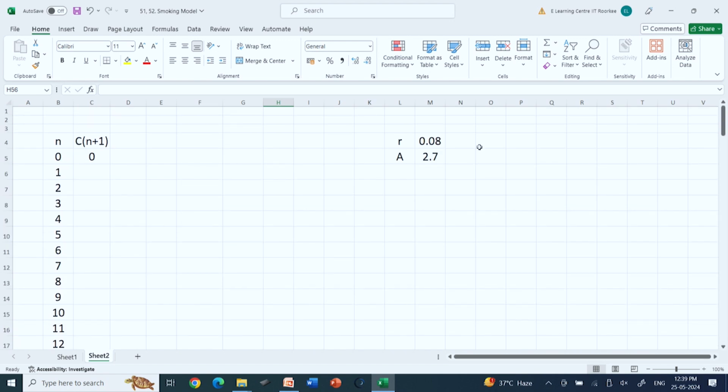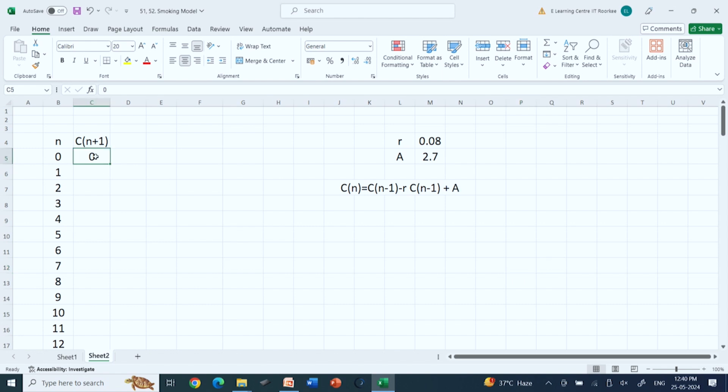Now the formula, or the model, is Cn equal to Cn minus 1 minus R times Cn minus 1 plus A. So Cn is the amount of cadmium at year n, Cn minus 1 is the amount of cadmium in year n minus 1, and there is a reduction of 8%, so R is 0.08 of the amount in year n minus 1, plus a constant input of 2.7 every year.